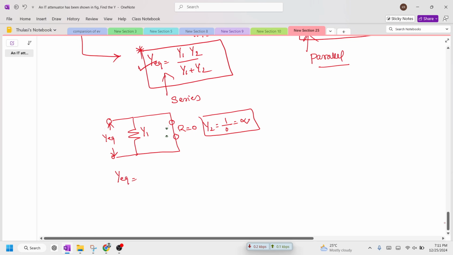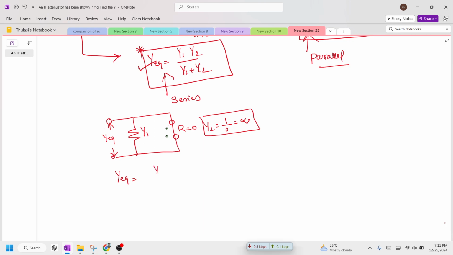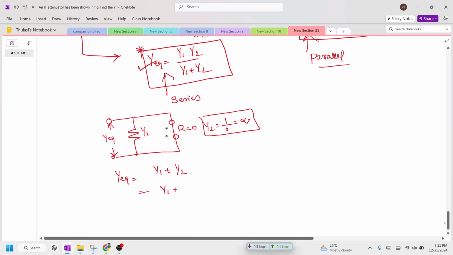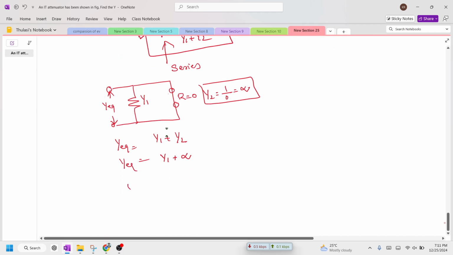Now y2 is infinity. When two admittances are connected in parallel, the formula is y1 plus y2, and y2 value is infinity, so y equivalent is infinity.